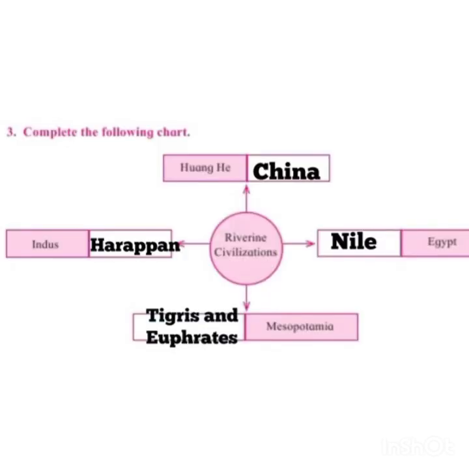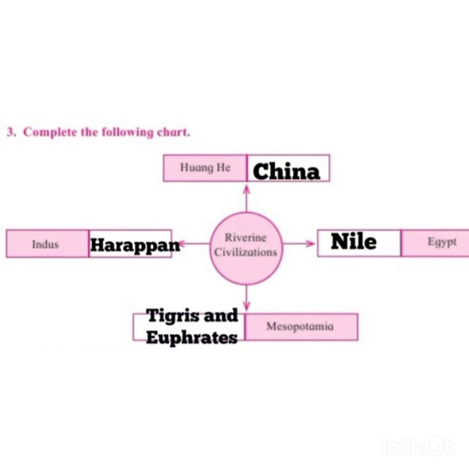Now we have the chart in front of us. Riverine civilizations flourished on the banks of the rivers. So the civilization's name or a river's name is given in this chart. We have to find out the second name. For example, Honghe. Honghe is the river of which civilization? Chinese.